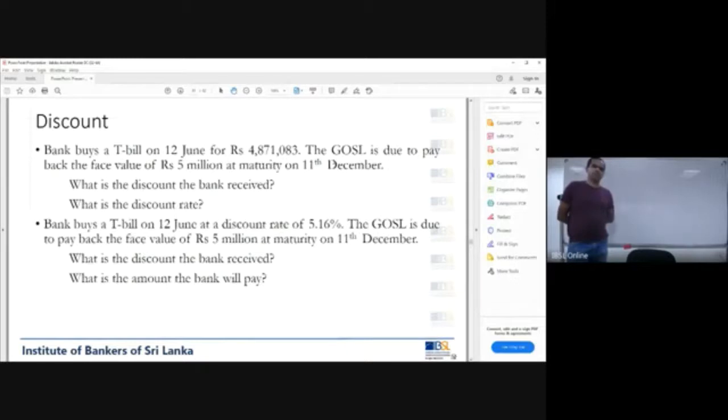The government is due to pay back the value of 5 million at maturity on 11th December. What is the discount the bank received and what is the discount rate?